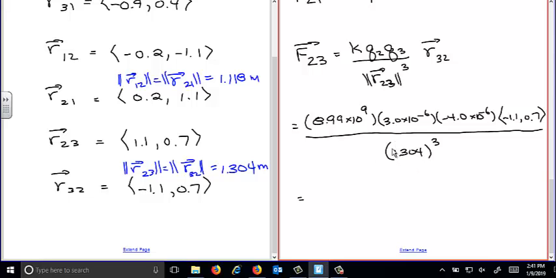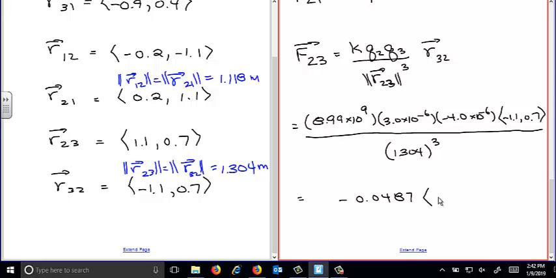So now we multiply those first things to get all the scalars together. And I get negative 0.0487. Just double checking here. And the negative comes from here.